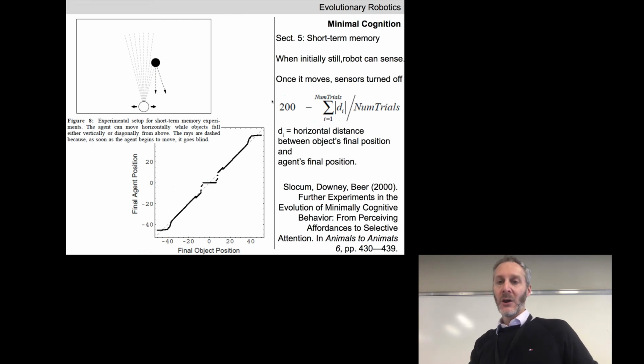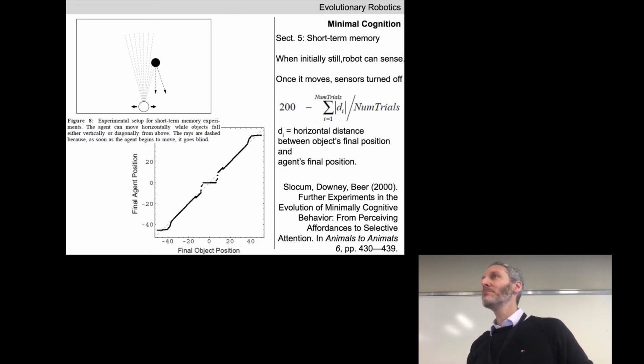Okay, so somewhere in this CTRNN are recurrent connections, and it's got to remember how to do so. We're going to, again, evaluate every CTRNN multiple times during evolution. What are we trying to do? In this case, we're trying to minimize the absolute value of d sub I, which is a reminder that we're trying to get d sub I to be as close to 0 as possible, which is the final horizontal distance between the robot and the object when the object hits the ground.